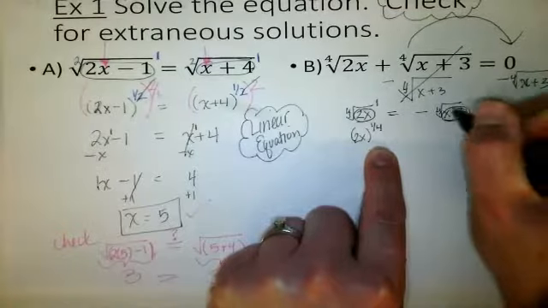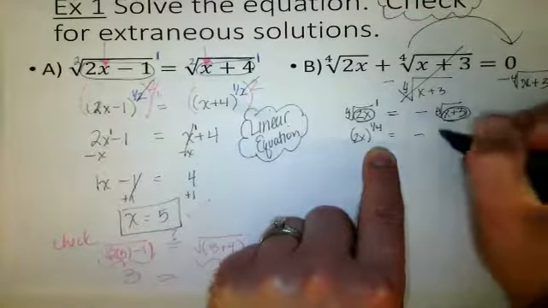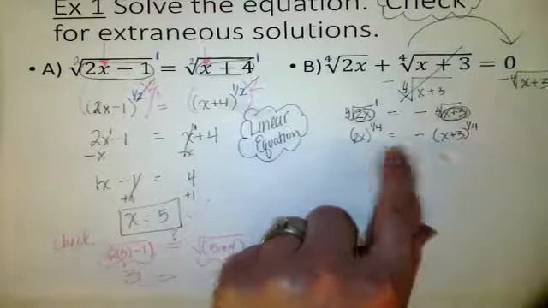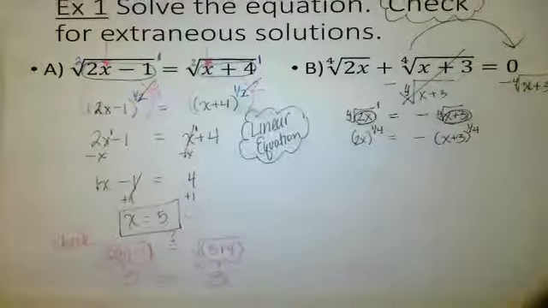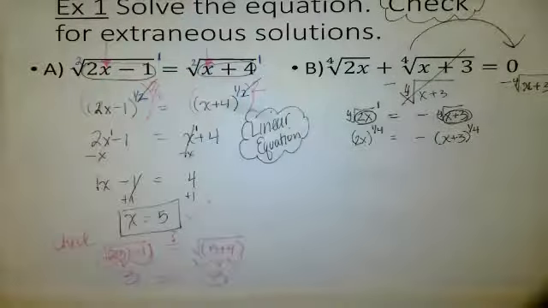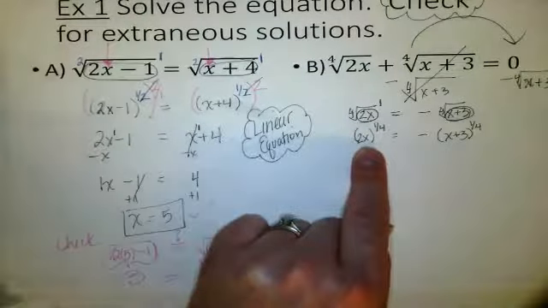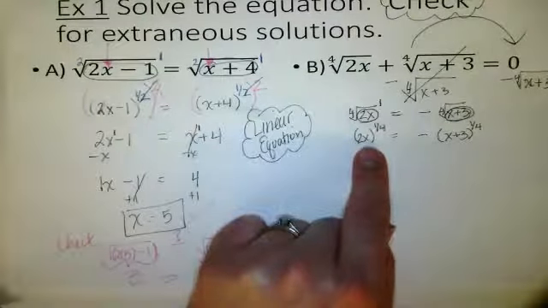Again, anything under the radical, I'm going to trade in for a power. So that, again, I can rewrite as a 1/4 power. So we can see that our x's are trapped. How am I going to unfree them? How am I going to free them?